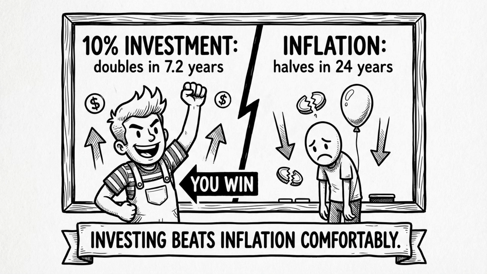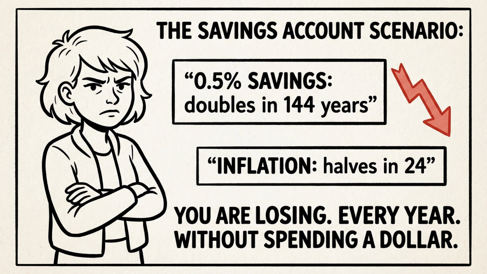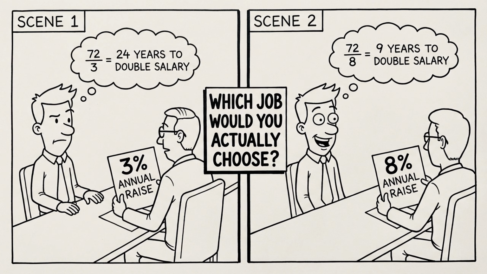The Rule of 72 is not just for passive money, it applies to your active income too. If you're getting 3% annual raises at your job, your salary doubles every 24 years. You start at $50,000, you retire at $100,000, 24 years later. If you negotiate, switch jobs strategically, or grow in a field where salaries increase at 8% per year, your salary doubles every 9 years.